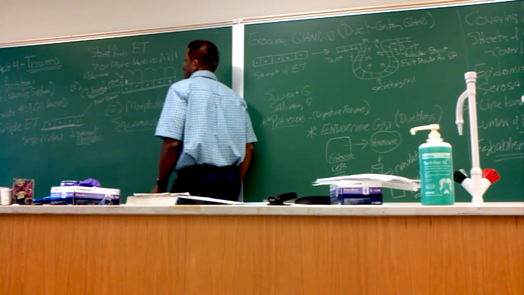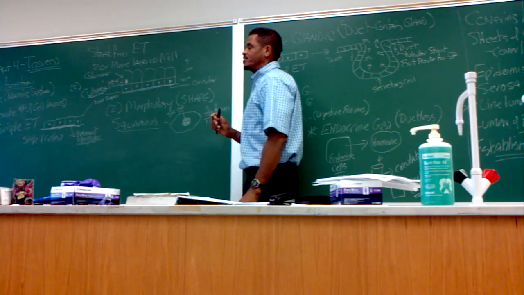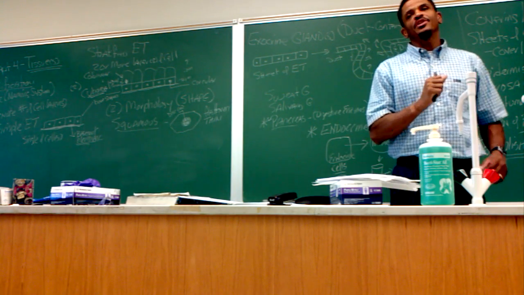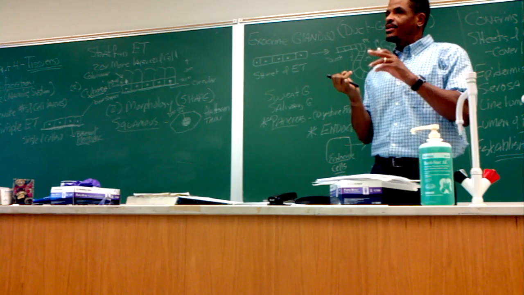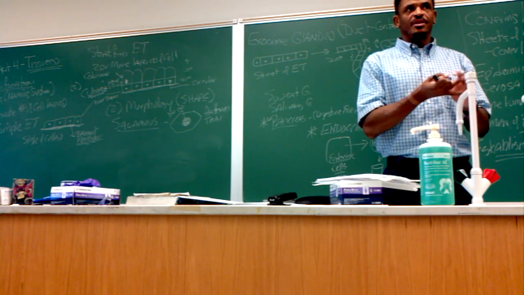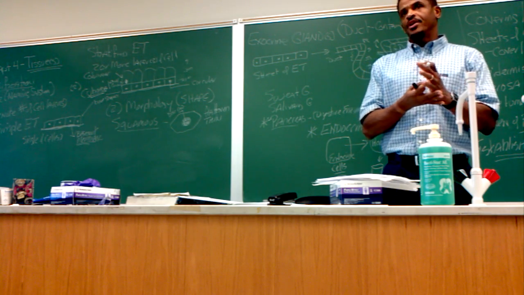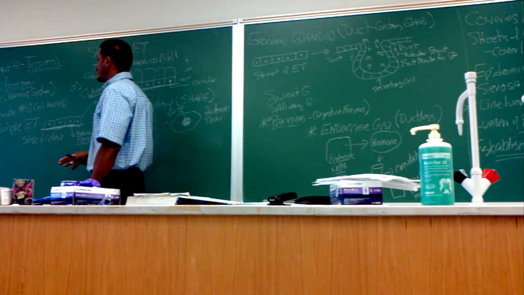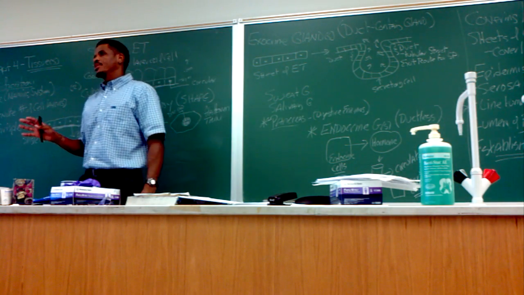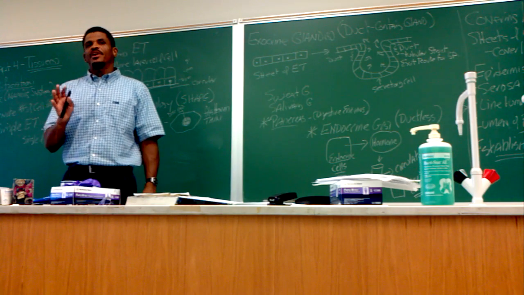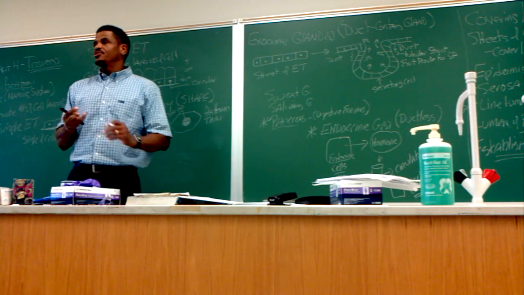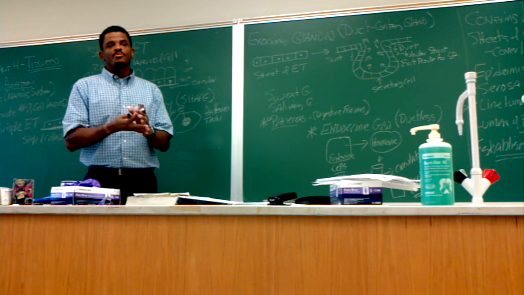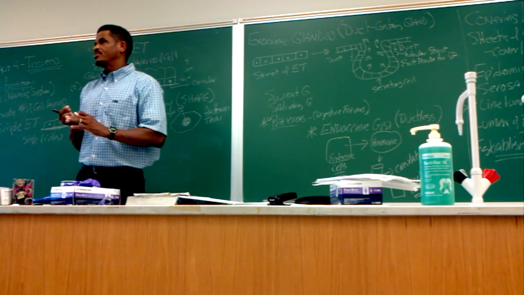So the three subtypes associated with covering and lining epithelial tissue are what? Squamous, columnar, and what? Cuboidal. And then the epithelial tissue can be a single layer, classified as simple, or it can be multiple cell layers, classified as what? Stratified. So you can have simple squamous, simple cuboidal, simple columnar, or you can have stratified squamous, stratified columnar, stratified cuboidal.